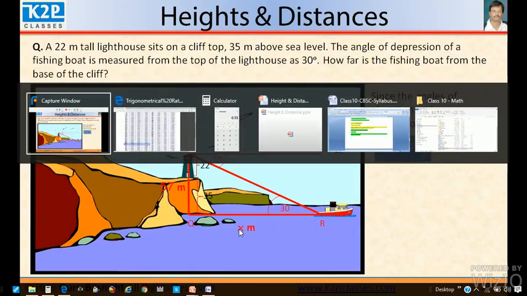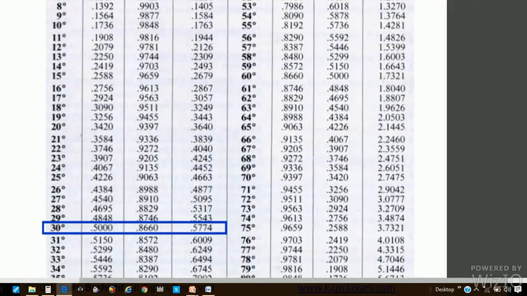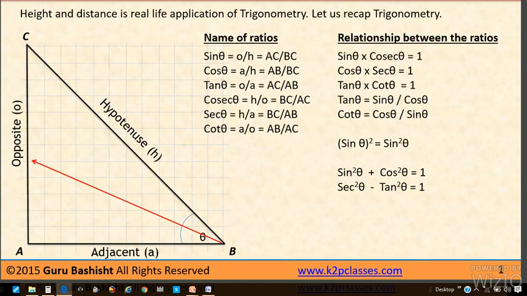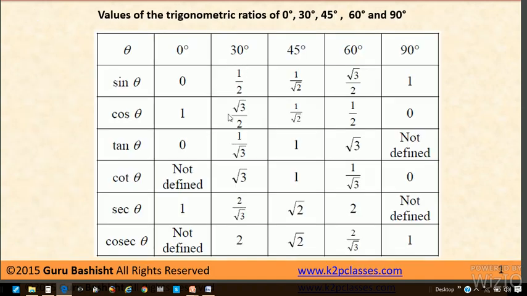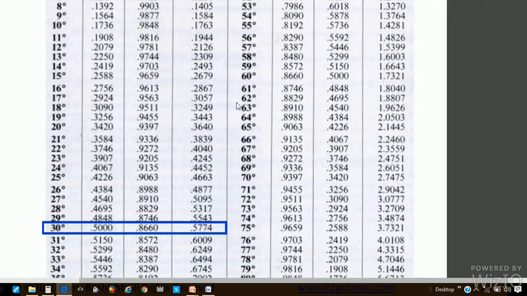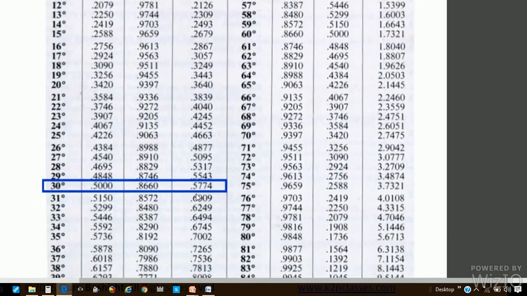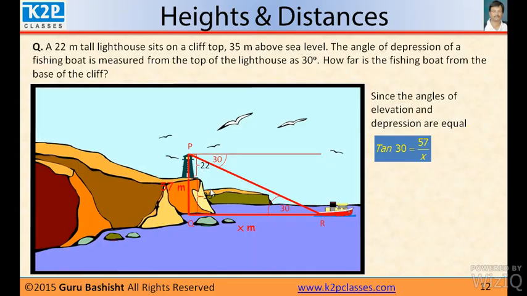You must remember the value of tan 30, and that is 1 by root 3. So you can determine the result in terms of root 3, or you can take the value from the table. So tan 30 is 0.577 or 1 by root 3.